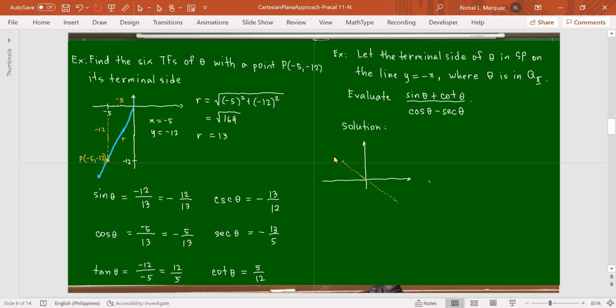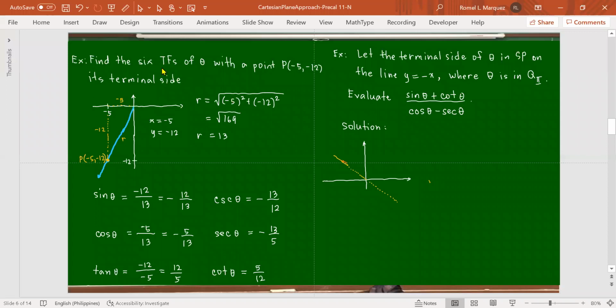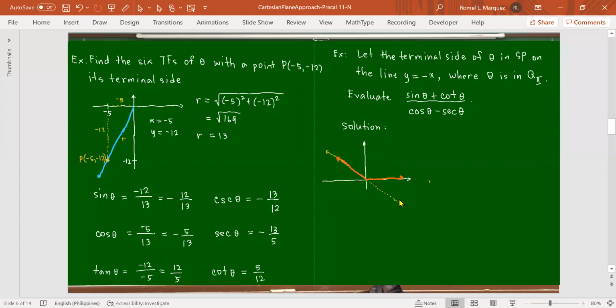It is where the terminal side of theta is located. So here, that's the terminal side located on that line.